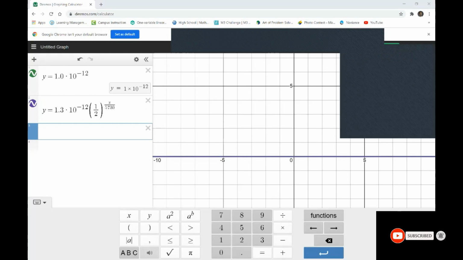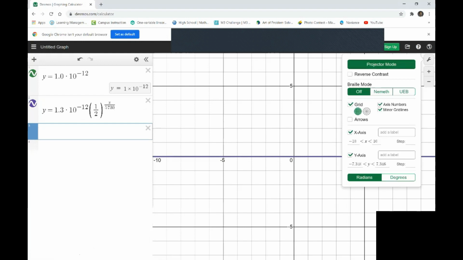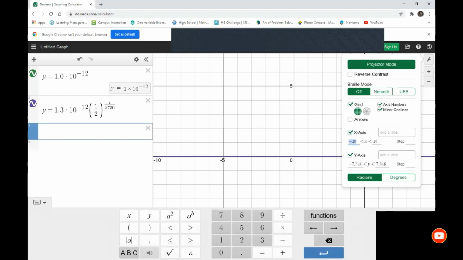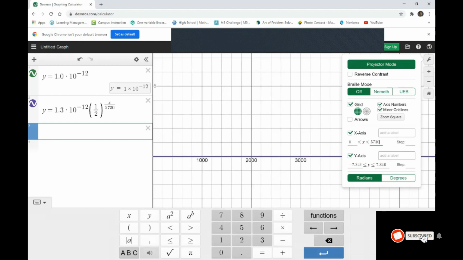Okay, next step, we're going to fix our window. So we'll hit the wrench. First, we'll turn on projector mode to make it a little easier to read. And for our x-axis, we're going to go from 0 to, let's say, 5,730. So it hasn't been 5,730 years since the age of this document.